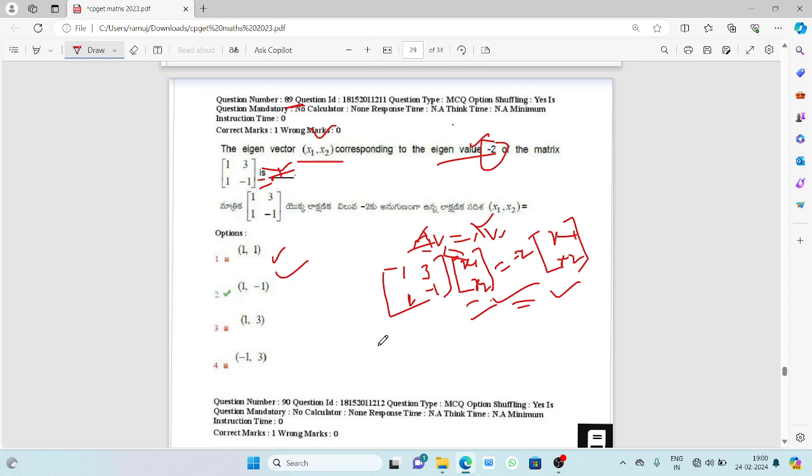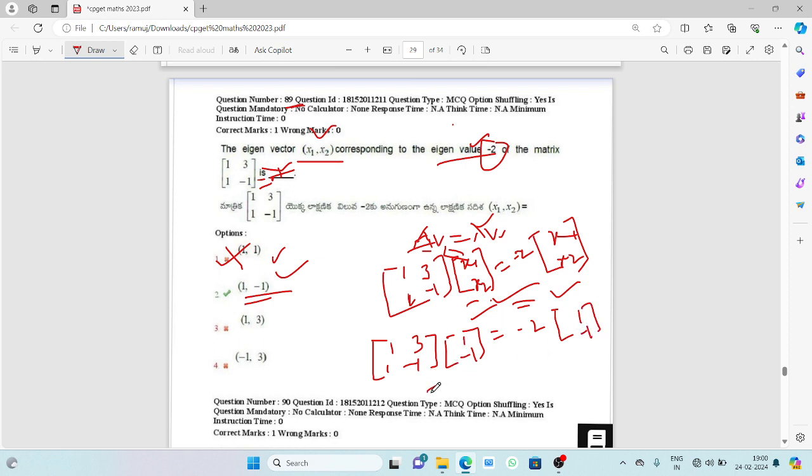I prefer that method because it is very simple for me. If I take 1 comma minus 1 directly, you can do the option verification and immediately see whether it is satisfying or not. So I am taking the second option directly. 1 comma minus 1 gives minus 2 into (1, minus 1) on the right side.